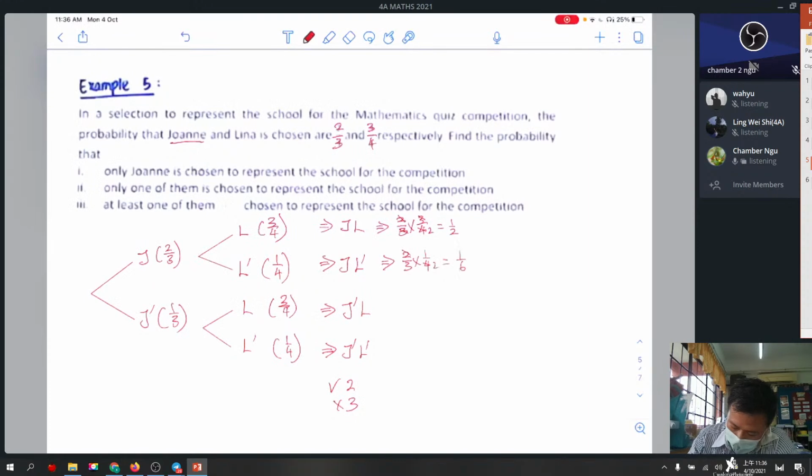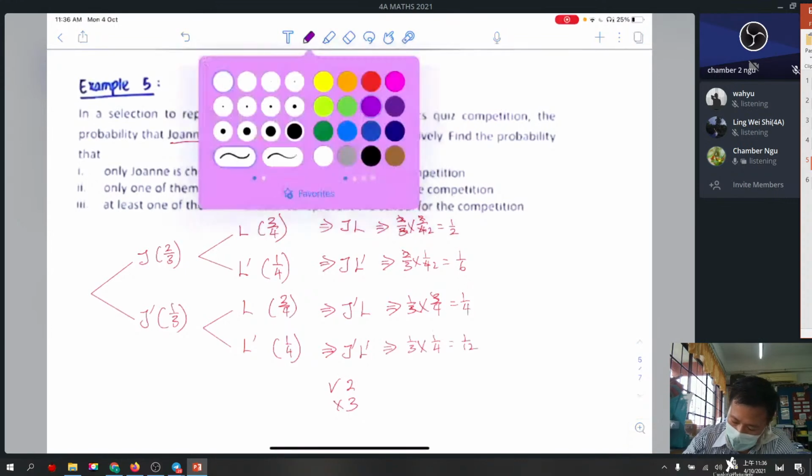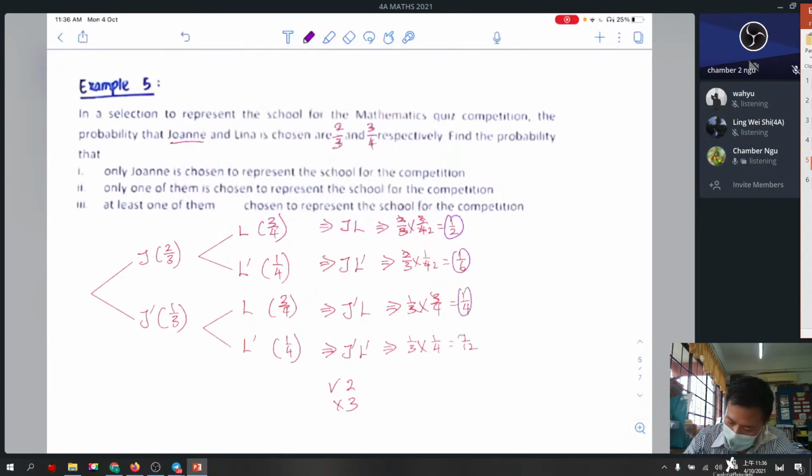This means 1/6. If Joanne is not chosen, Lina is chosen, 1/3 times 3/4. So it's 1/4. Joanne not chosen, Lina not chosen, is 1/12.